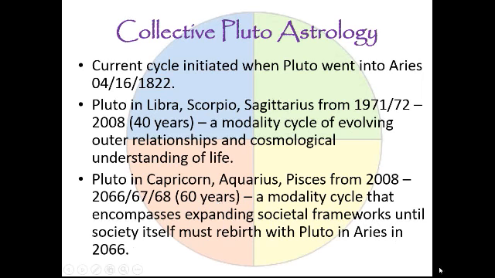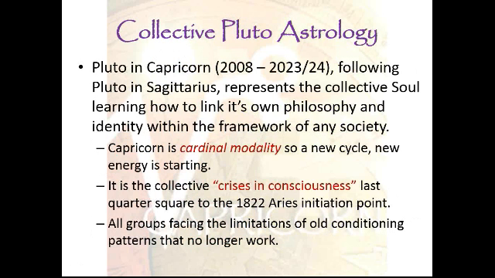Stay tuned. Our children and grandchildren are going to be a part of all of this, and then we're going to see it disintegrating with Pisces. Maybe I'll have a class on that before I leave planet Earth this time. Pluto in Capricorn, following Pluto Sag.